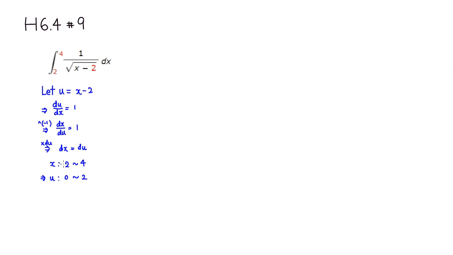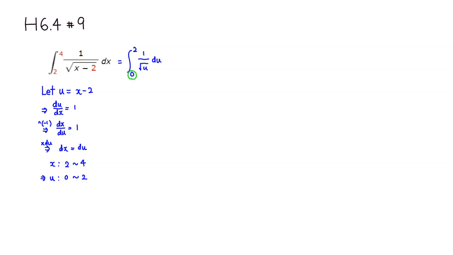So we can rewrite this integral as the integral from 0 to 2 of 1 over the square root of u, and dx is exactly the same thing as du. As you can see, the troublemaker is when u is equal to 0.